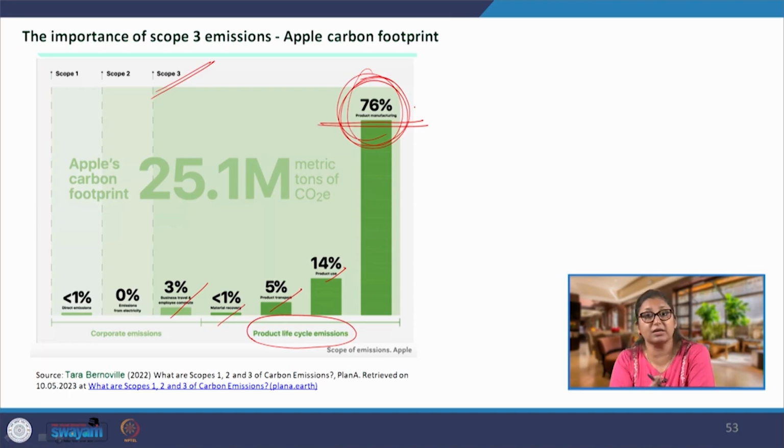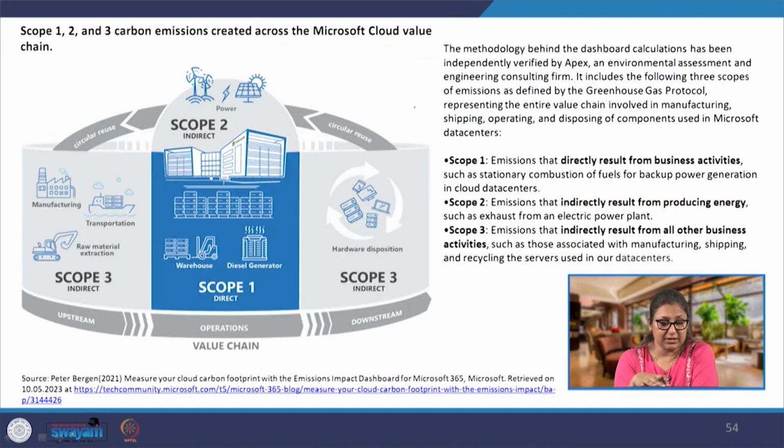So, probably the agreements in place are such that the facility, the vendor, is free to manufacture the product for other companies also. A similar thing is done here for Microsoft Cloud.